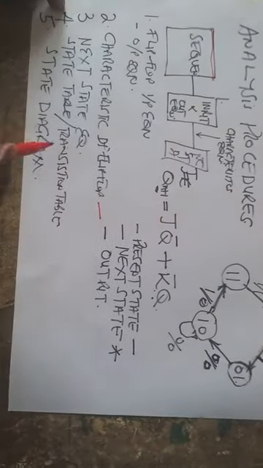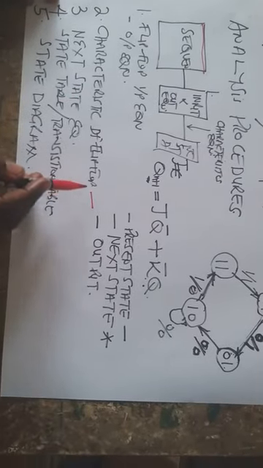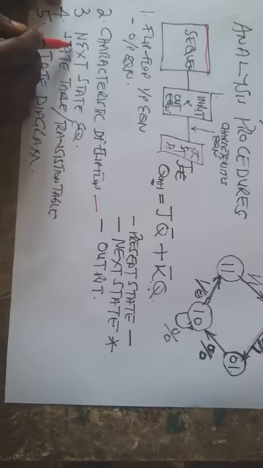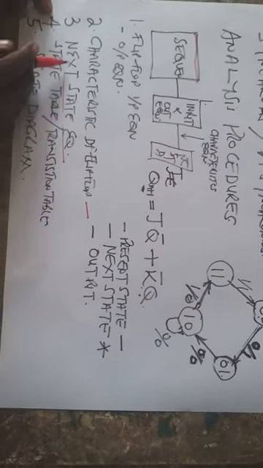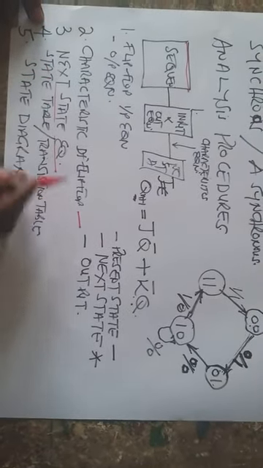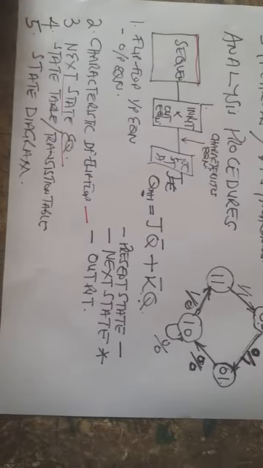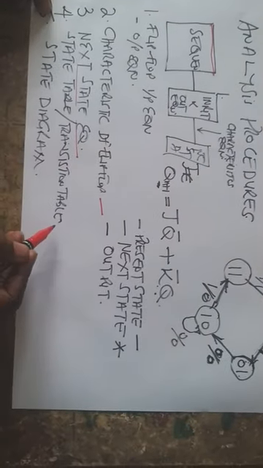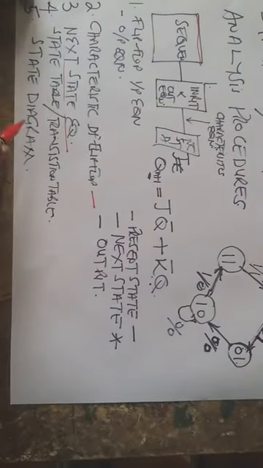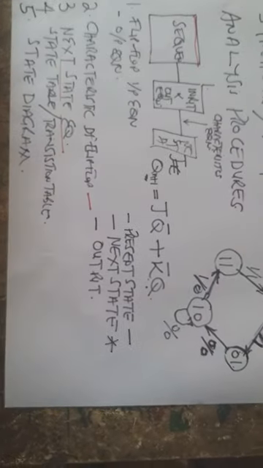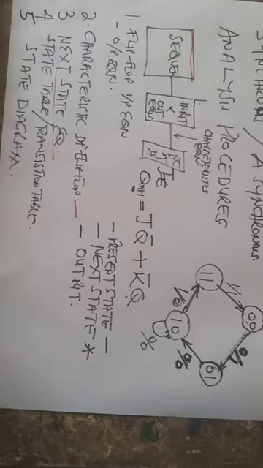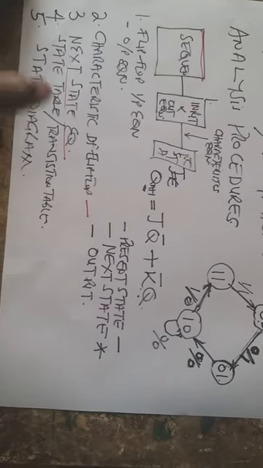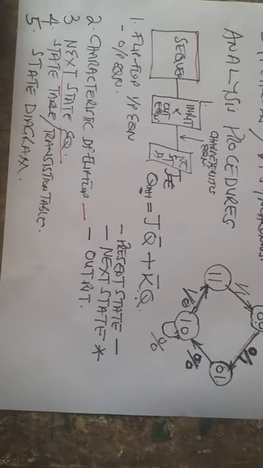The characteristic equation will help you to identify your next states. After getting your next state, you come out with your state transition table, and then from the state transition table you come out with the state diagram. These are the 5 steps that you go through while analyzing a sequential circuit.